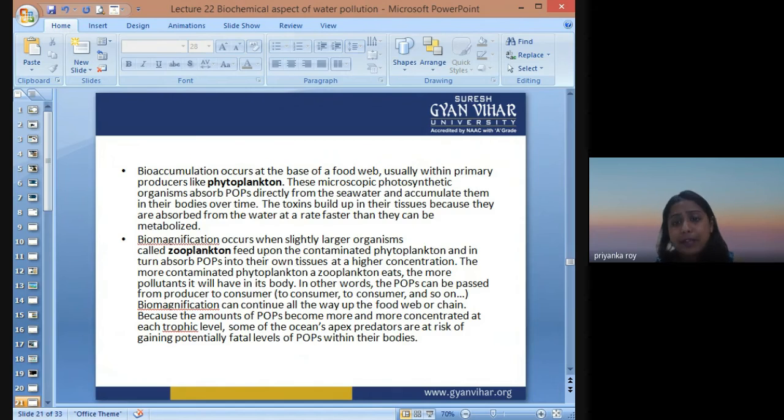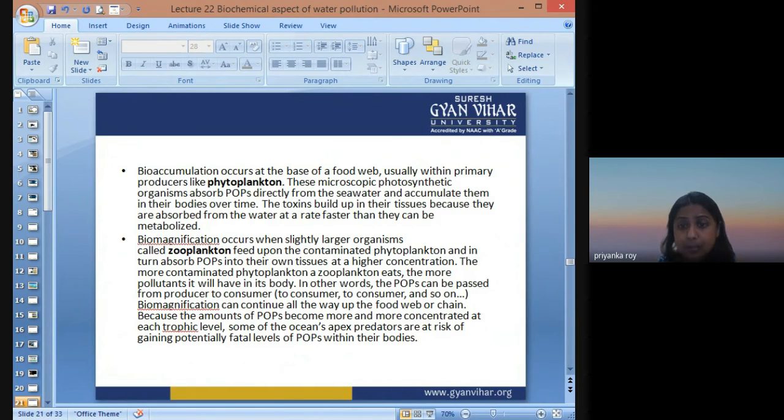Biomagnification begins at the base of the food web, usually with primary producers like phytoplankton, and these microscopic phytoplanktonic organisms absorb POPs directly from the seawater and accumulate them in their bodies over time.